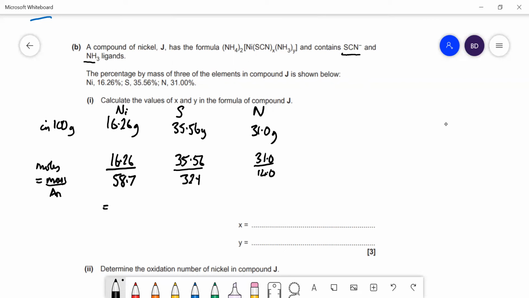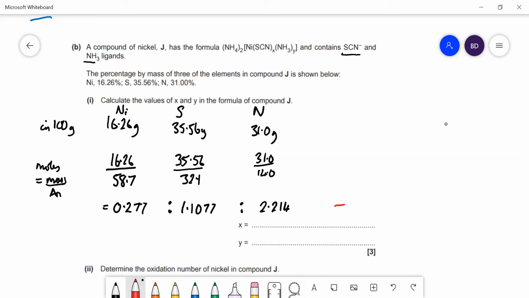Okay, that works out to be 0.277 moles of nickel. That gives us 1.1077 of sulfur, and it gives us 2.214 moles of nitrogen. Right, we're going to simplify that ratio.